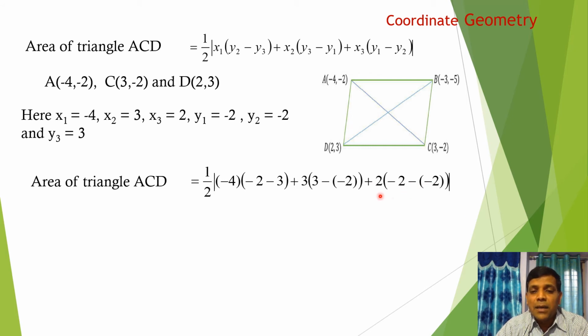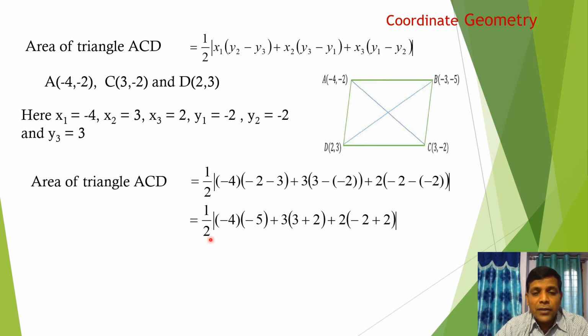This is written as 2 into minus 2 plus 2. Write down the next step. Half into minus 4 into minus 2 minus 3, minus 5, plus 3 into 3 minus of minus 2 plus 2, 3 plus 2, plus 2 into minus 2 minus of minus 2 plus 2.